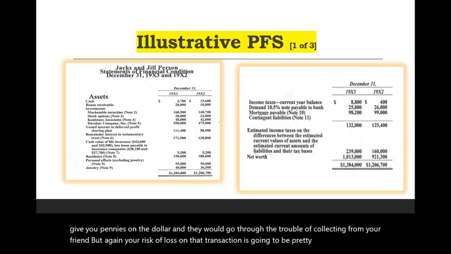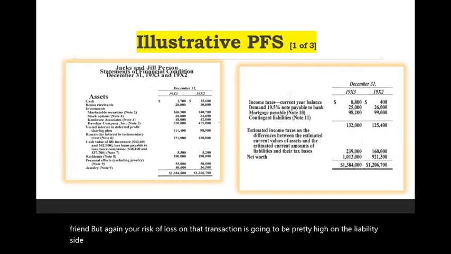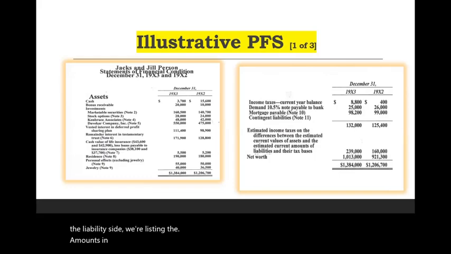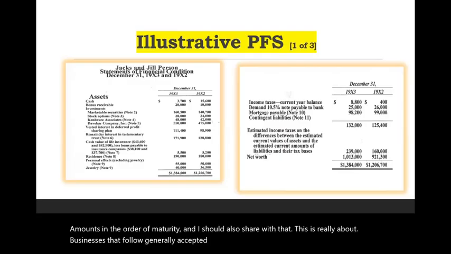On the liability side, we're listing the amounts in the order of maturity. I should also share with you that this is really about businesses that follow generally accepted accounting principles within the United States.